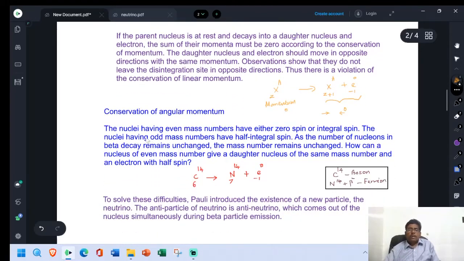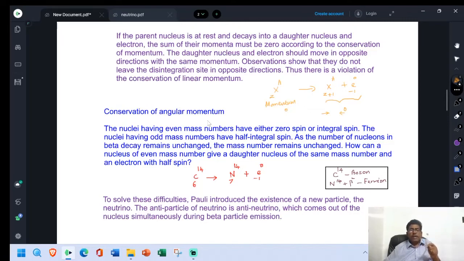Next, go to the conservation of angular momentum. Nuclei having even mass numbers have either 0 spin or integral spin. Nuclei having odd mass numbers have half-integral spin. As the number of nucleons in beta decay remains unchanged, the mass number remains unchanged.